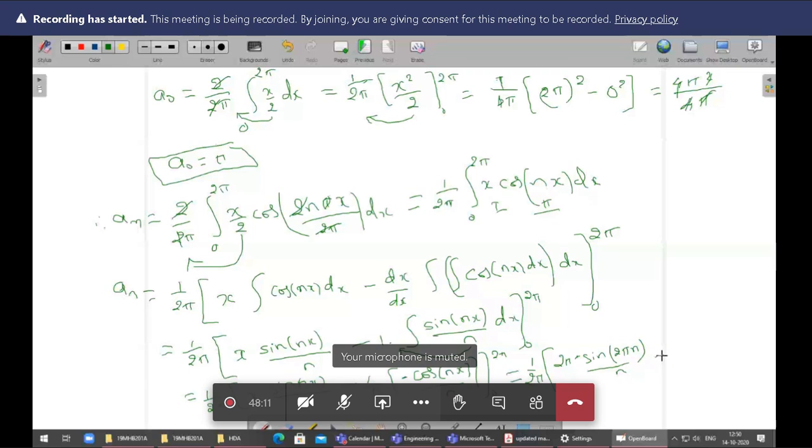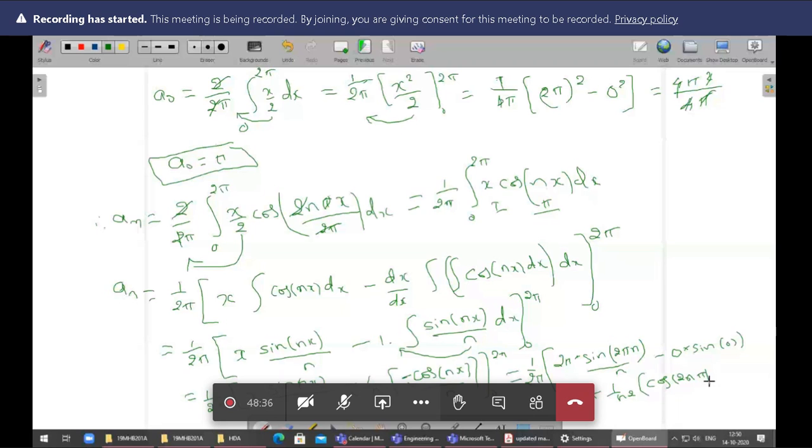Next, here is a negative sign, minus into minus gives plus 1 by n into n, so 1 by n square, again upper limit is cos 2n pi minus lower limit cos 0.